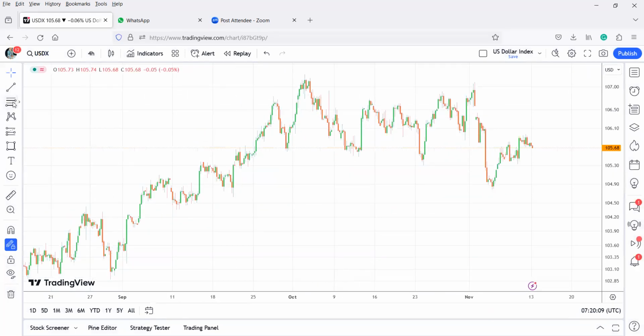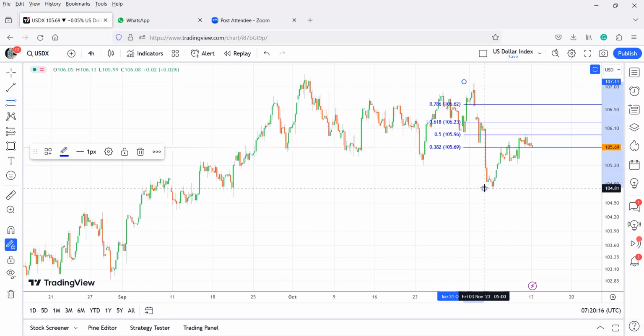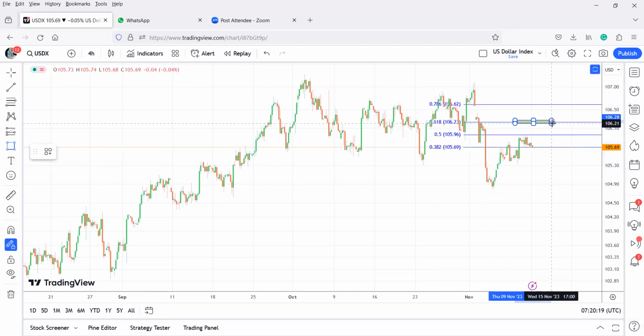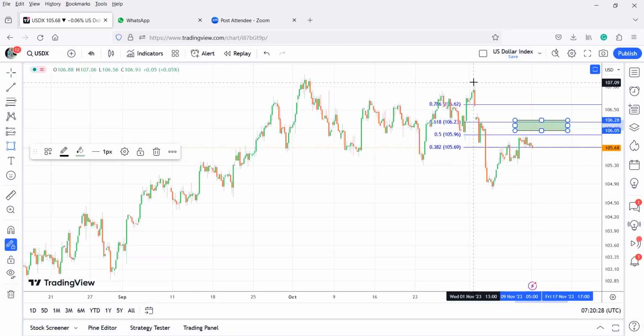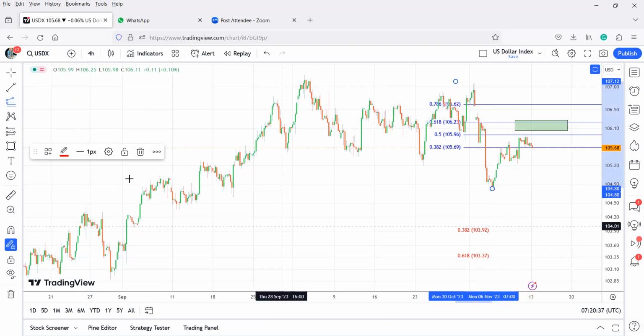So the boundary in question is between 107 and 104. Again, the sell zone is somewhere around 106.30. So you can sell around 106.30, stop above 107, and the target is 104. And that is the buy zone.